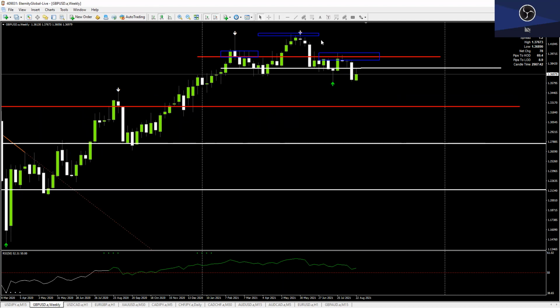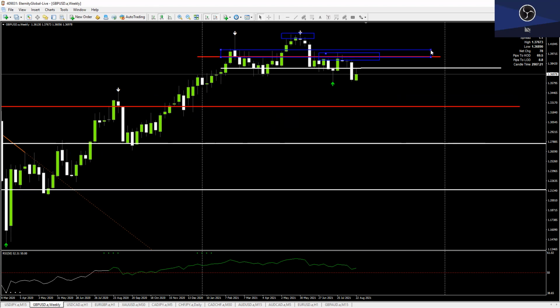As you can see, there's the head and shoulders right here. All right, so here's the first shoulder, which was identified by this resistance. Here's the head, which was pushed up again, which ultimately rejected this resistance.